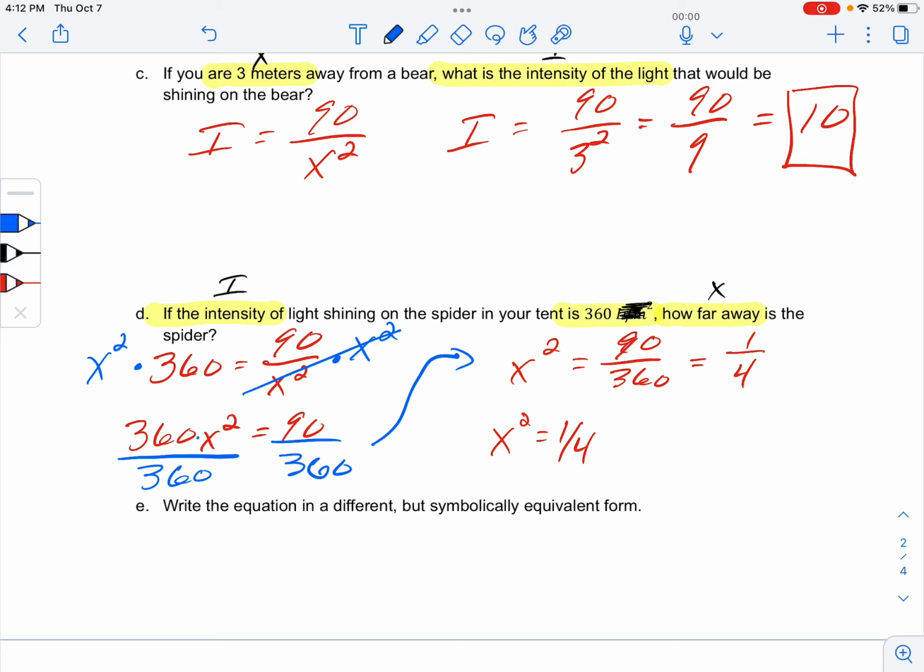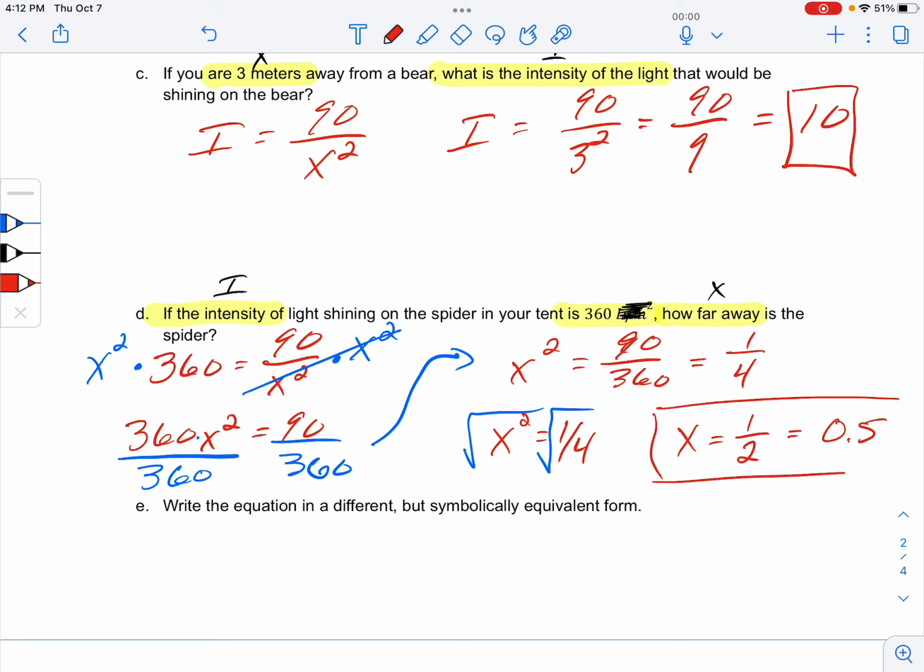And to undo the squaring, if I want just x instead of x squared, I need to take the square root. And if you put this into a calculator, you will get x equals 1/2, or if you want to write it as 0.5, that's the same thing. So final answer, when intensity is 360, our distance is 0.5 meters.